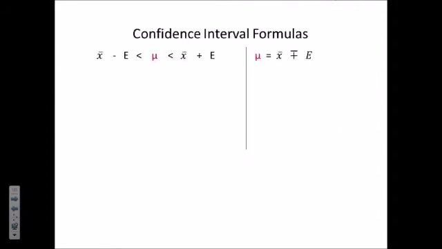Well, once you have the margin of error, it's very easy to get the confidence interval. There are 2 different formulas. The first one, the classical formula, says that mu is between X bar, which was 170, plus or minus the margin of error, 5.5.